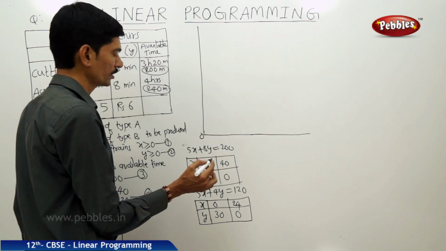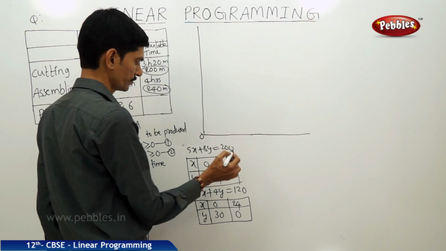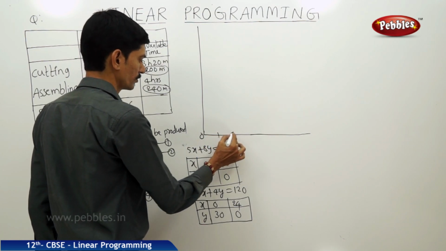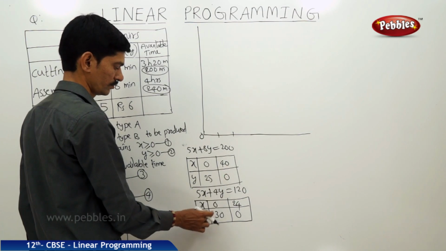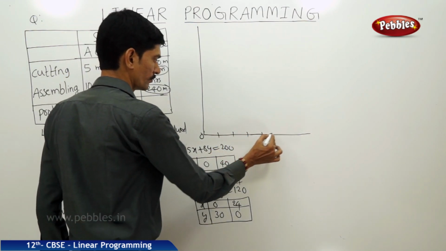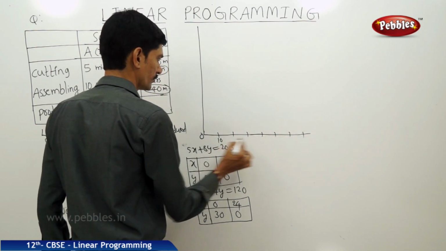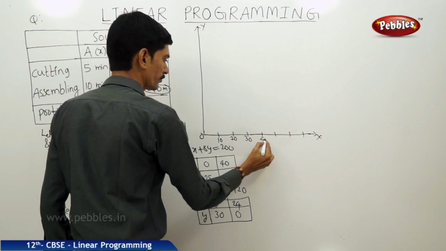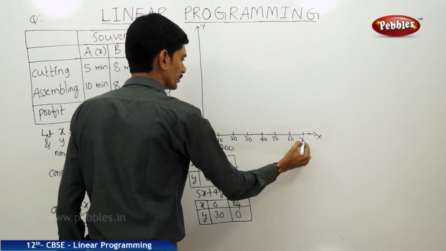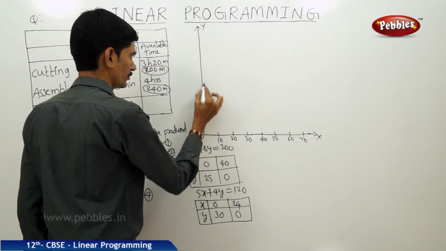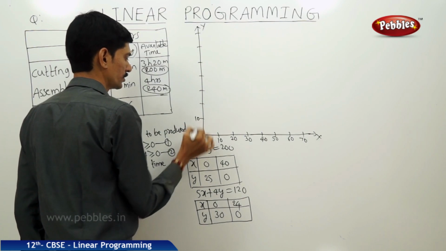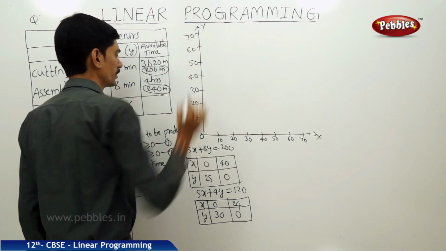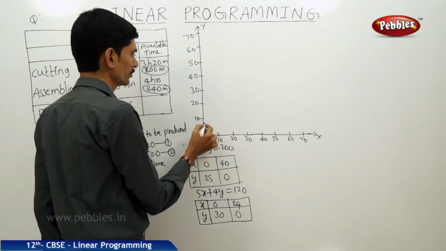Now we will take the multiples of 10: 0, 10, 20, 30, 40, 50, 60, 70. Now the first one is 0, 25.